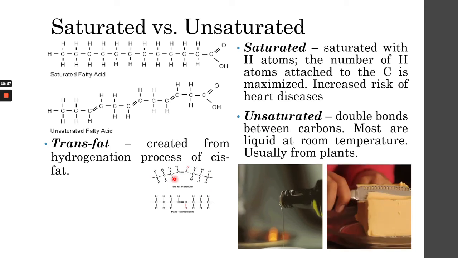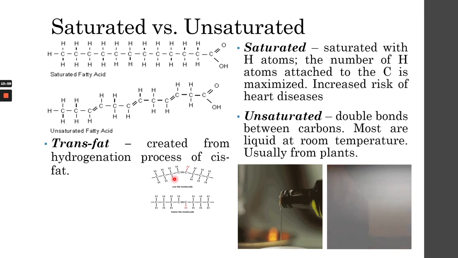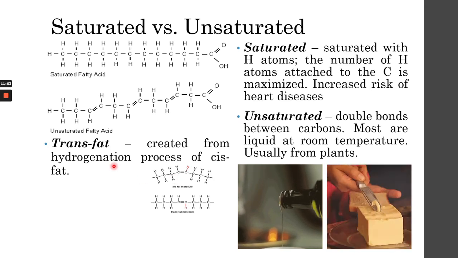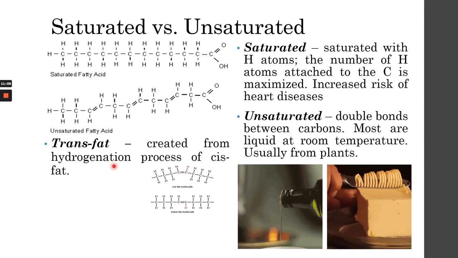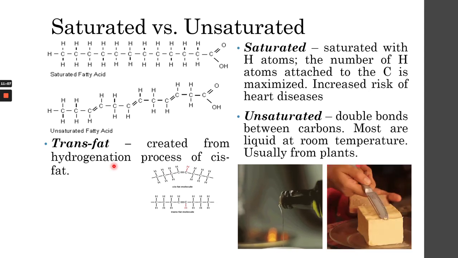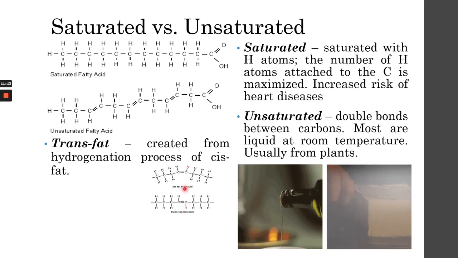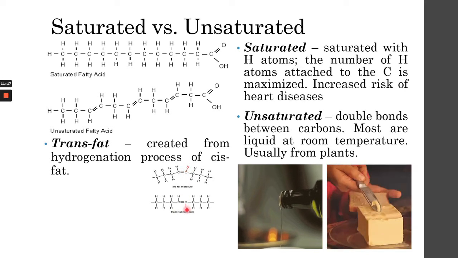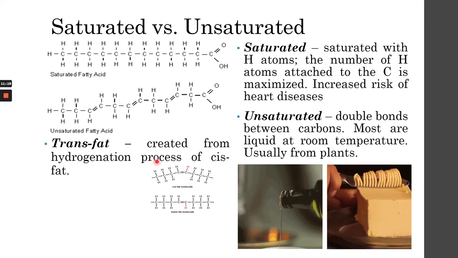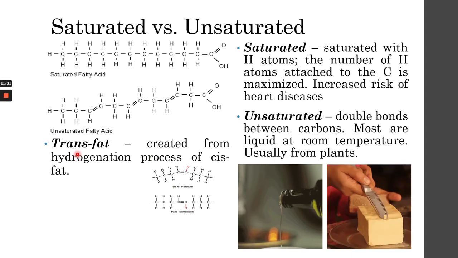But in order for this liquid to become solid at room temperature, they have to hydrogenate it. So they are pumping hydrogen bubbles into the fat in order for it to become more solid. What happens during that situation is you're creating a trans fat molecule wherein the hydrogen atoms are moved onto the other side. So cis and trans are basically conformations of an atom.